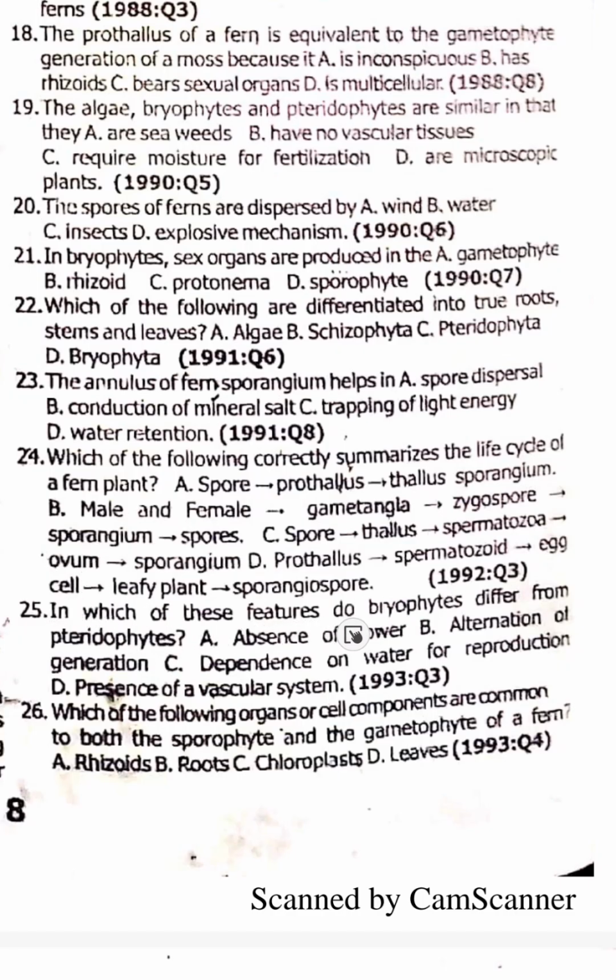25. In which of these features do bryophytes differ from pteridophytes? Bryophytes differ from pteridophytes in the presence of a vascular system. 25 is option D. 26. Which of the following organs or cell components are common to both the sporophyte and the gametophyte of a fern? The sporophyte is a stage where it will produce spores.